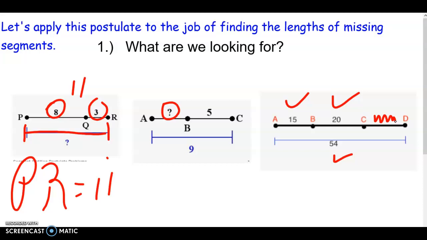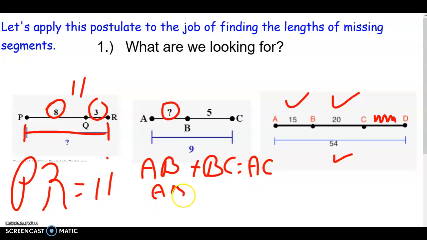If I write my equation, I say AB plus BC equals AC. From A to B, I don't know what that is, so we're just going to leave it alone as AB. Plus, BC is 5, and AC is 9. This is just a simple equation where I'm going to move the 5 to the other side, minus 5 from both sides.